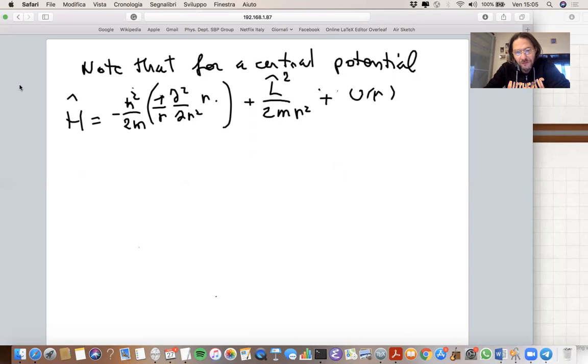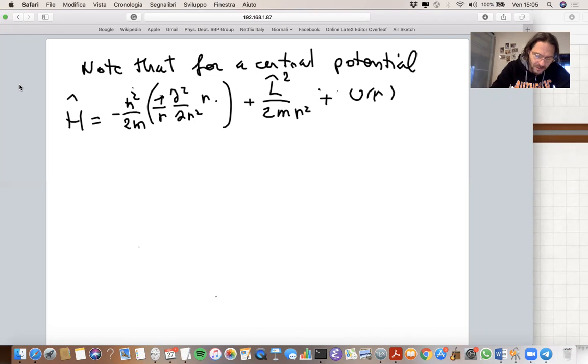Now we want to use the fact that the angular momentum is conserved, which means that the energy eigenstates and the angular momentum eigenstates are the same. You can find a joint set of eigenstates, so the eigenstates of both. Of course, the eigenstates of the Hamiltonian also contain the dependence on the position, while the eigenstates of the angular momentum only depend on theta and phi.